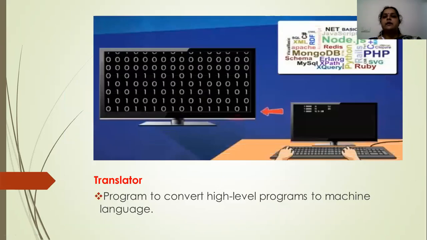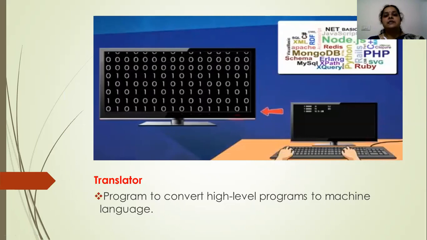A translator is a program which converts high-level programs to machine language. High-level source program means whatever we are writing on our screen, like a C++ program. That program will get converted to machine language, and then it will get executed. If there are no errors, it will give you the output.